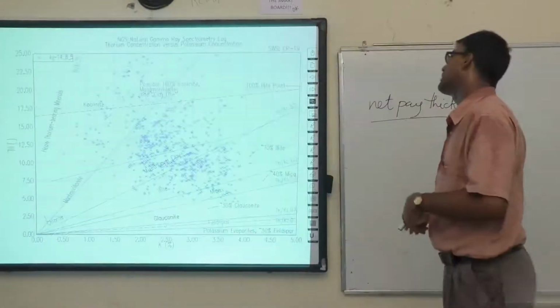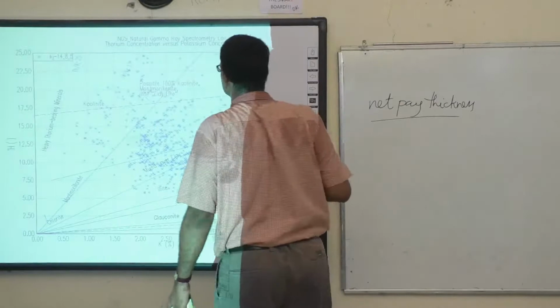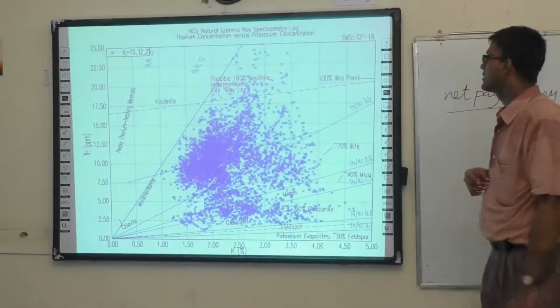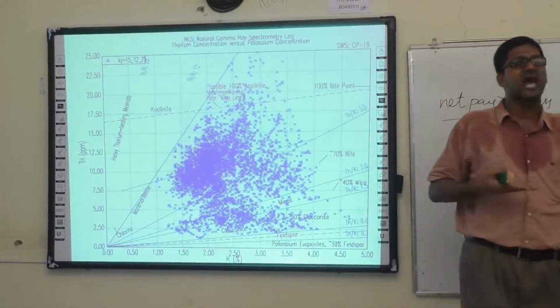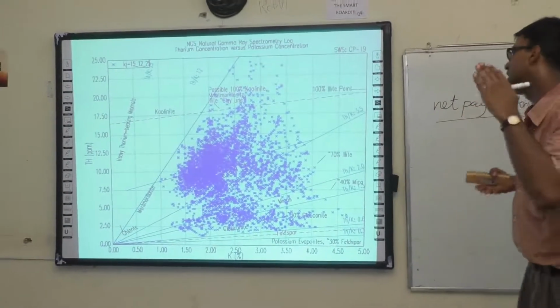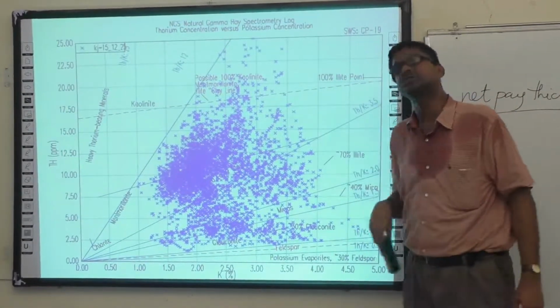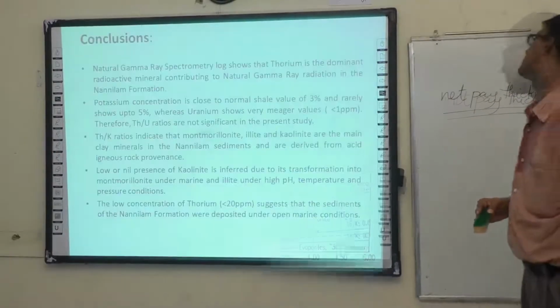So this is also another well where we can see the presence of various radioactive elements. Here, since I have taken a very large interval, we have the concentration of points over here.